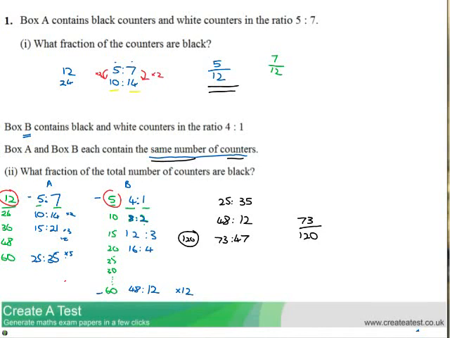The other way we do it is we've already worked out from the previous question that in bag A, 5/12 of the counters are actually black. In the second box, it's 4 counters out of a total of 5 are black.